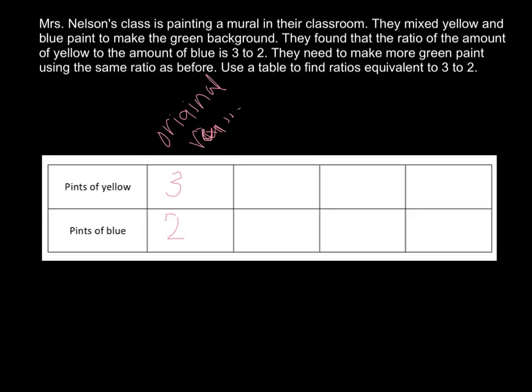Okay. And then they need to make more green paint using the same ratio as before. Use a table to find ratios equivalent to 3 over 2. Okay, so if my original ratio is 3 over 2, I'm going to multiply by 2, multiply by 2. So now I would get 6 and 4.